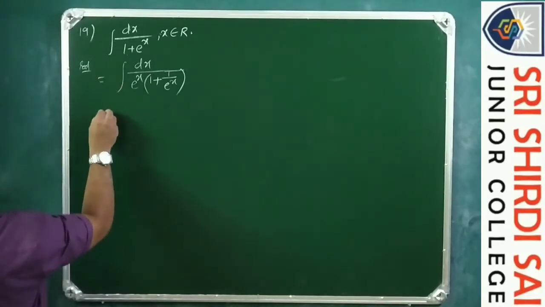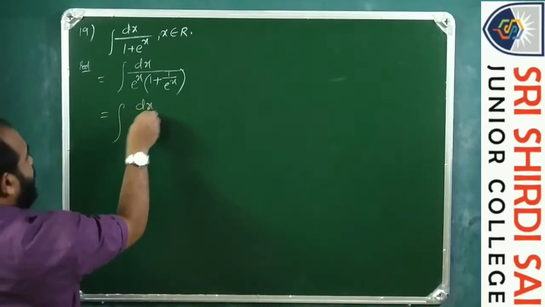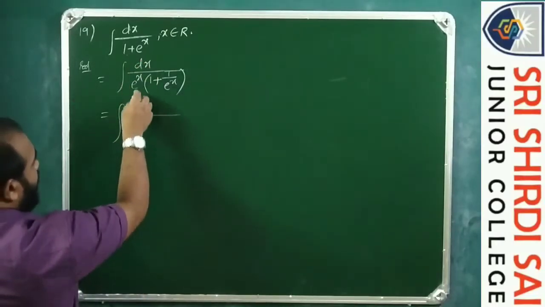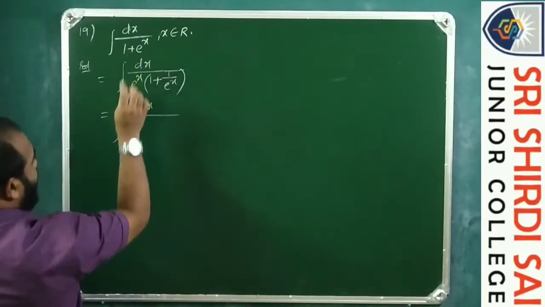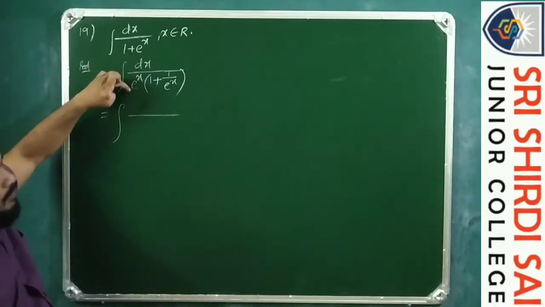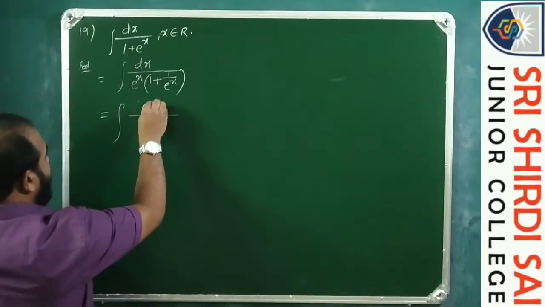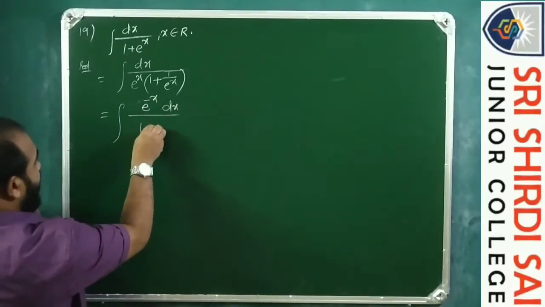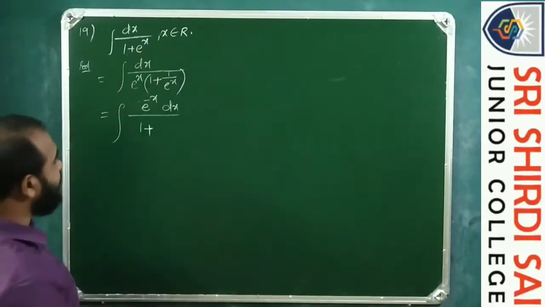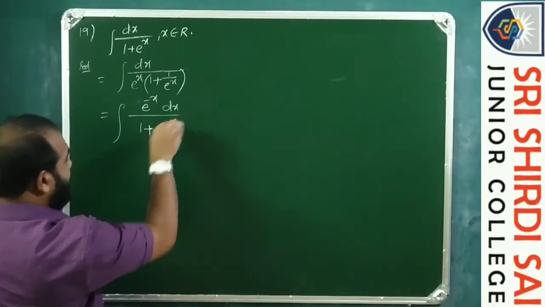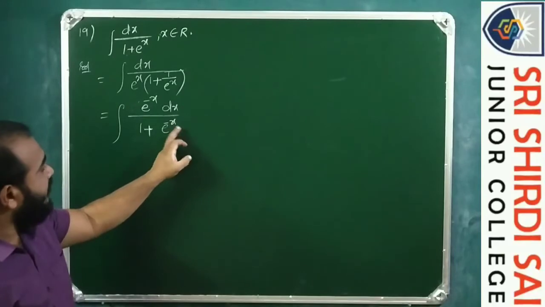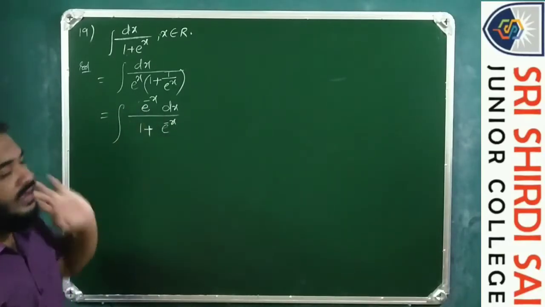This is equal to dx by, this is 1 by e power x, which is e power minus x dx. 1 plus 1 by e power x is e power minus x. We know that the derivative of e power minus x is minus e power minus x.